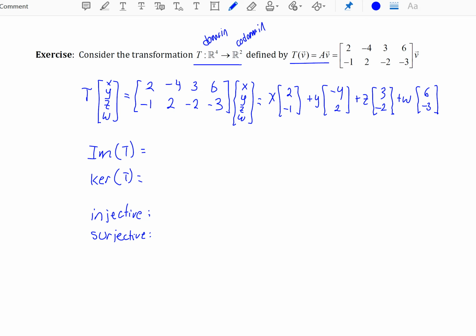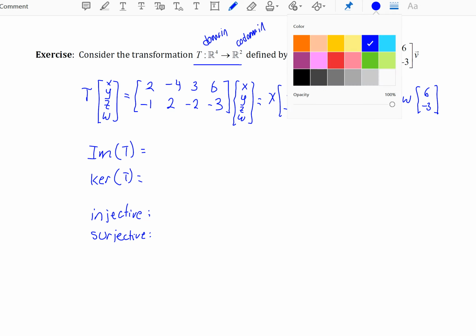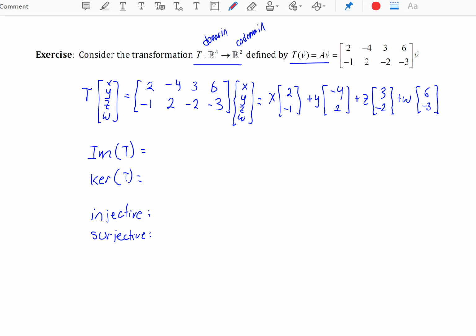And again, you don't have to go in any particular order. With some of these problems, I can pick off what the image is by visual inspection. Remember the image, this is going to be the span of these vectors. It's going to be all possible linear combinations of the columns of the matrix A.